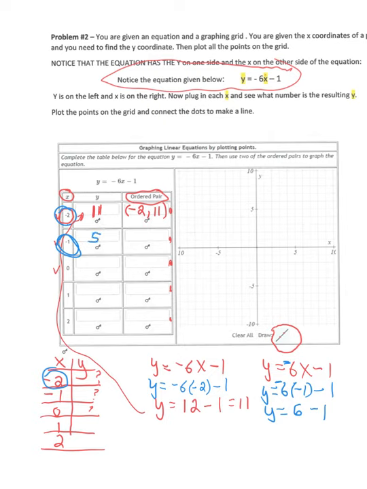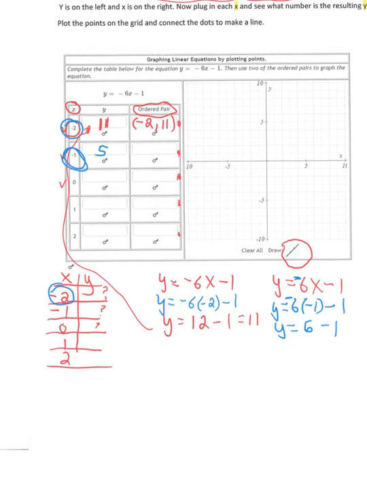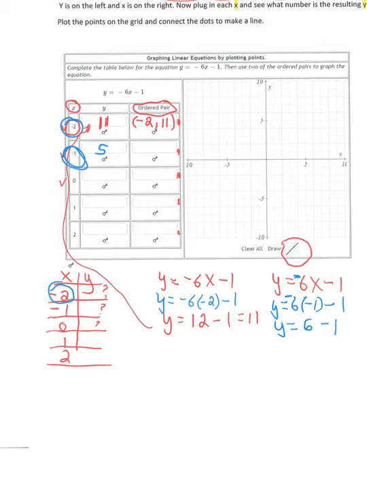And I'm going to do 0, and 0 is an important one. Let's plug in 0 and go to the next one. I've got y equals negative 6x minus 1.